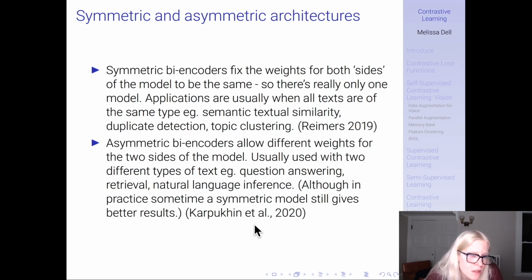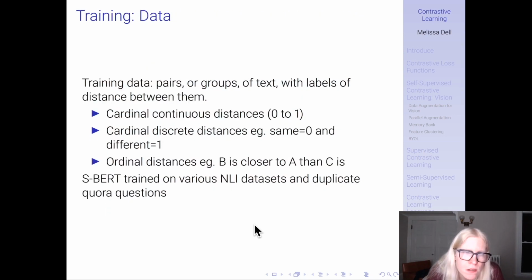So semantic textual similarity, duplicate detection, topic clustering, etc. Asymmetric encoders allow using different weights for different sides, and they're usually used when we have two different types of text, like question answering, maybe natural language inference, although in practice, it's argued that sometimes a symmetric encoder still gives better results. So the training data are pairs or groups of text with labels of the distance between them.